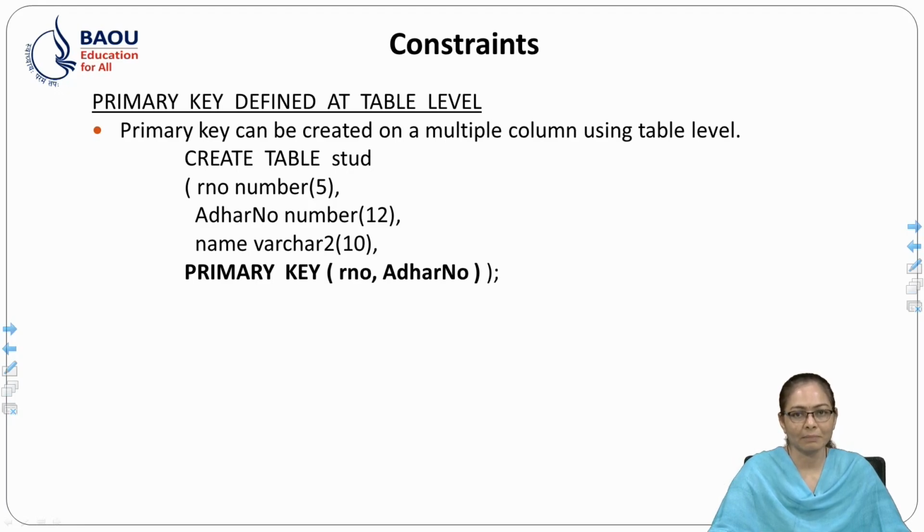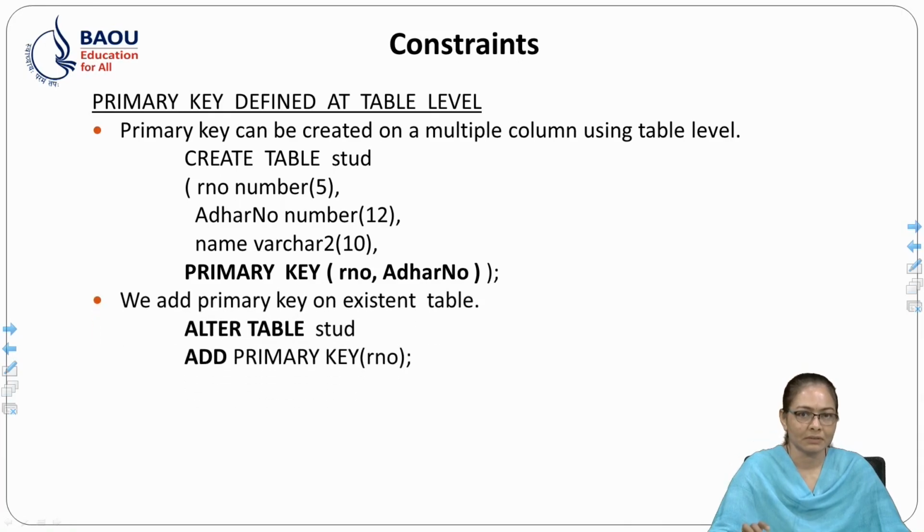Now we add the primary key on an existing table, meaning the table is already created. After that we make the primary key in the table. To create the primary key in an existing table, the alter add command is used.